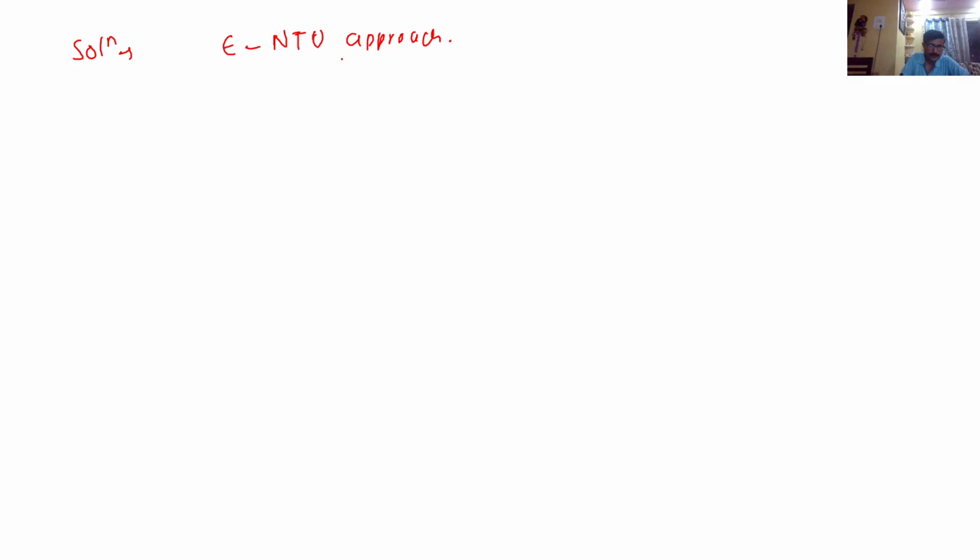So for that, if I want to use this, I need to calculate the heat capacity of the hot fluid and the heat capacity of the cold fluid. So CH is the product of mass flow rate into specific heat. This is for the hot fluid, so H is attached, and this is for the cold fluid, so C is attached. Okay, let's put the values of both.